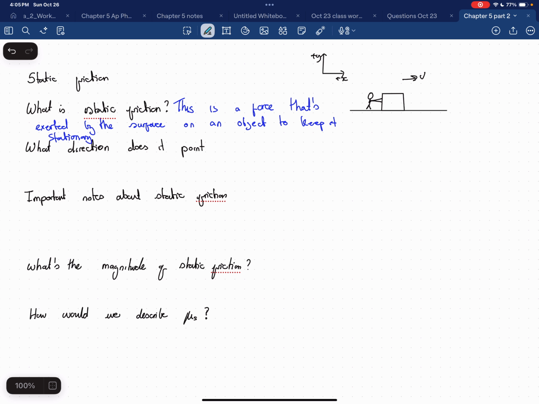So static friction keeps an object from moving.